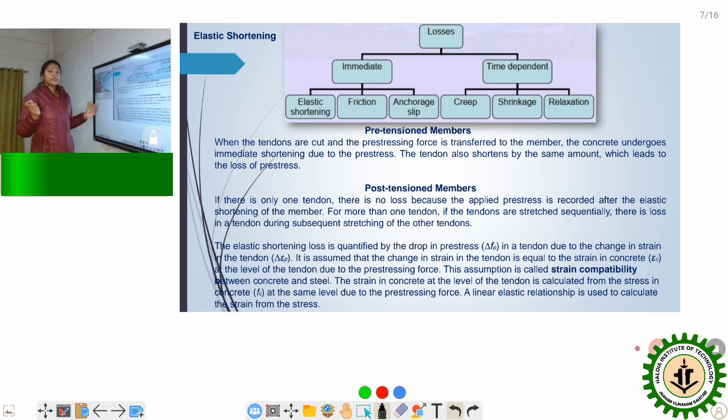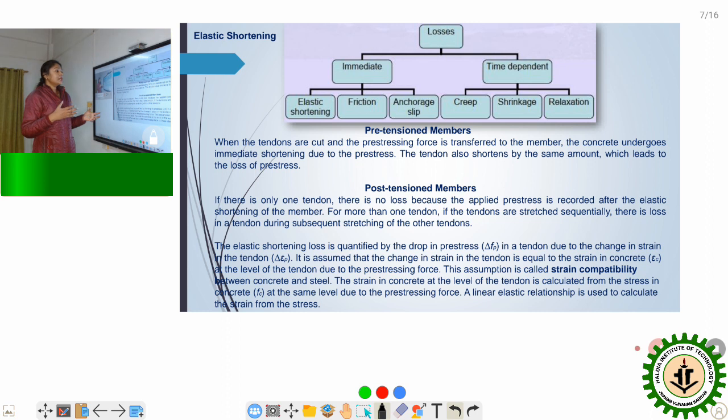The immediate elastic shortening of the tendons, that is a loss in strain in the tendons, gives rise to the drop in the initial prestress in the steel. When initial prestress in the steel drops, it is analyzed using the change in stress in the tendons, right?